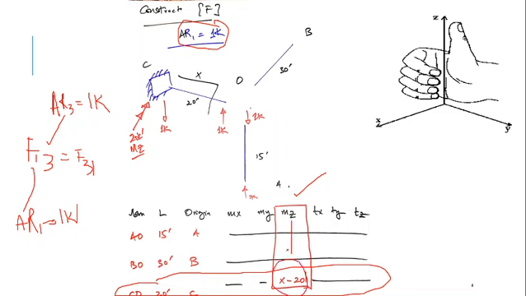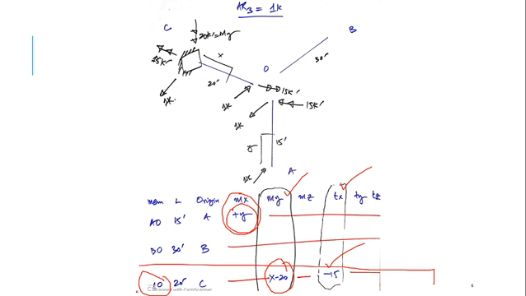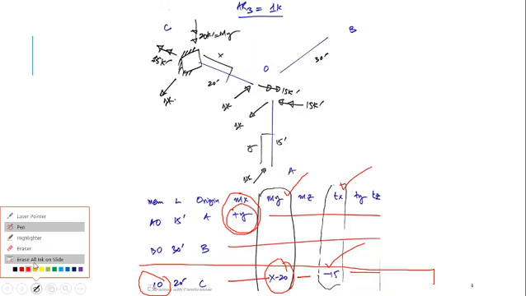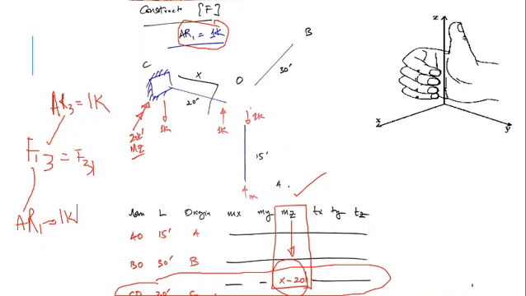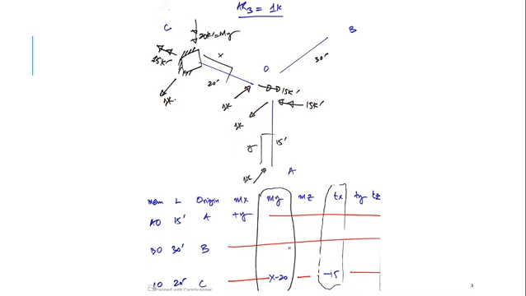It should be under MZ, and it's for the section CO. If I come here, I'll find that this was under MZ and this is for section CO. Here under MZ, for section CO there is no moment.